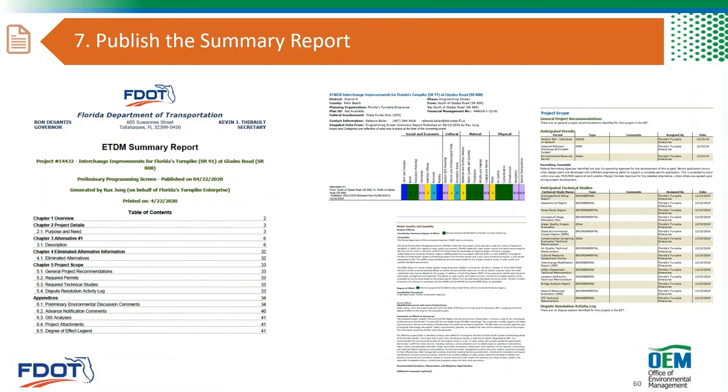And then click the button and it publishes it and sends it out to everybody who received the initial notification. And if the people have changed in the agency, it resolves that. Like if an ETAT member has left and a new one is there, the system knows to send it to the new person.